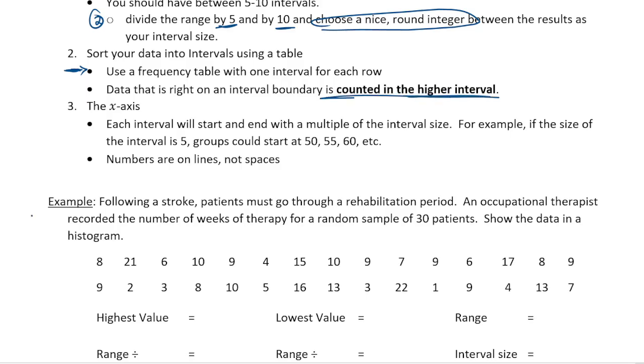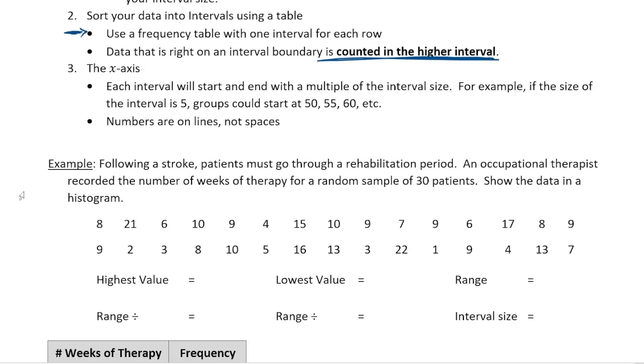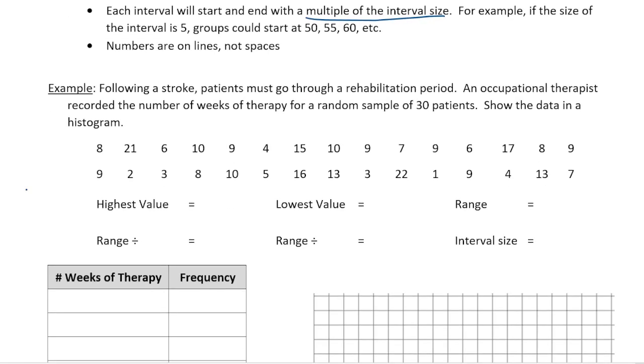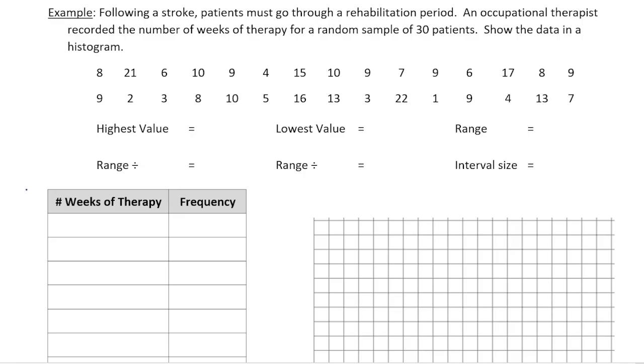It goes in the bigger one. If a value is right on that line, it goes into the higher interval, the bigger one. And that's about it. So you'll start with a number that's a multiple of the interval size, and you'll work from there. So let's see what it looks like.